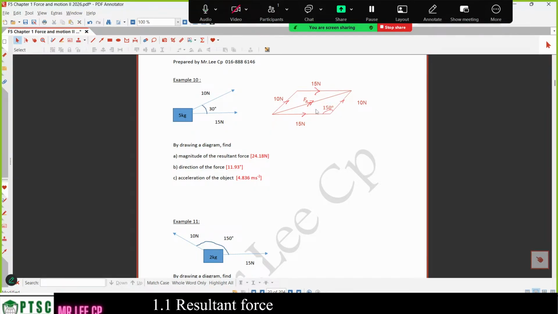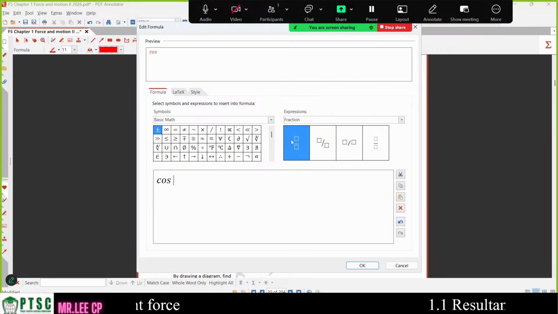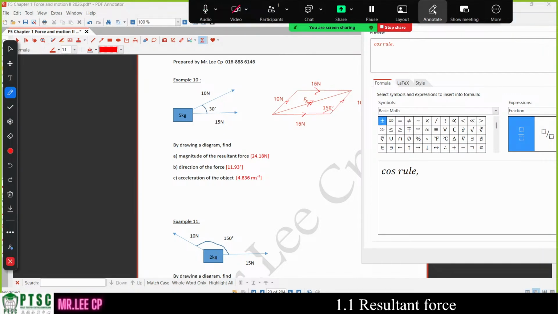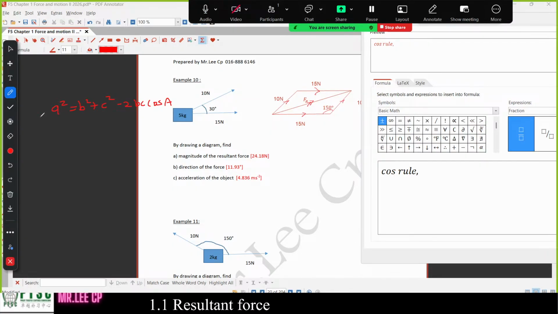Now we are going to use the cosine rule. Sine rule or cos rule, but in this case we are going to use the cosine rule. I don't know whether you learned it in maths or not. The formula is a squared equals b squared plus c squared minus 2bc cos A. Do you learn this formula in maths?